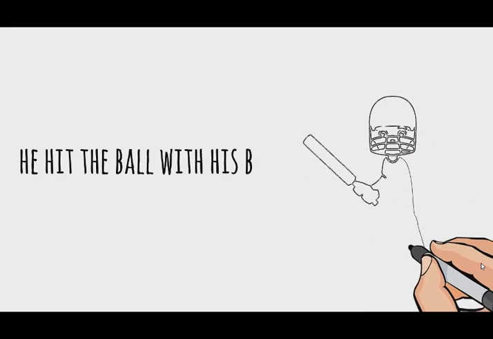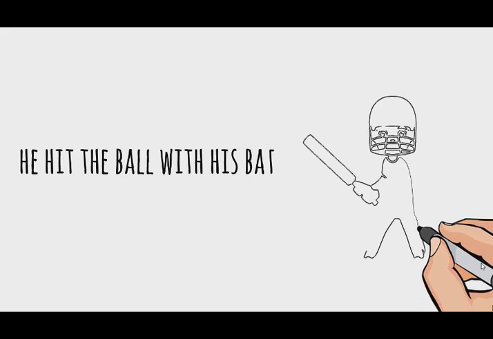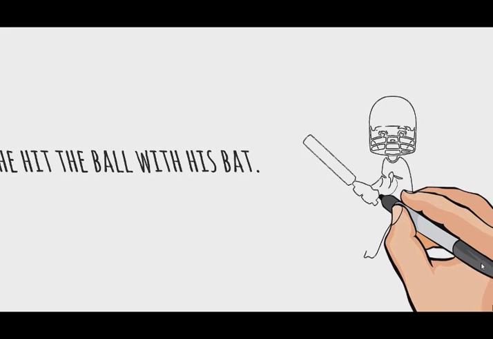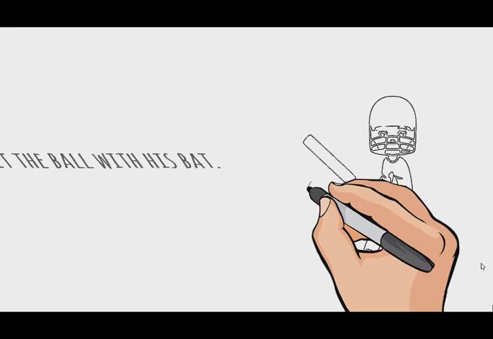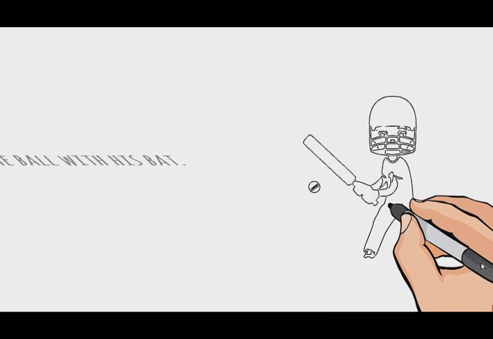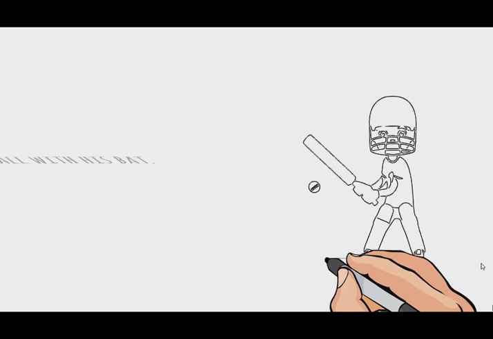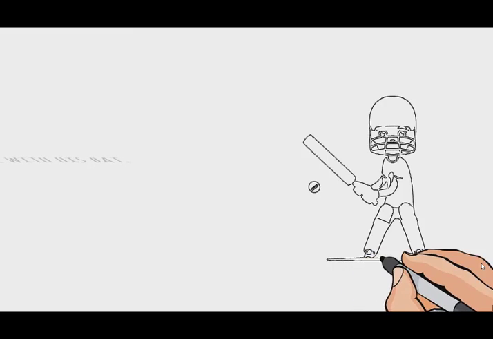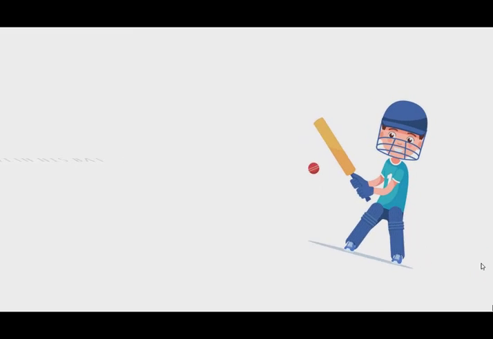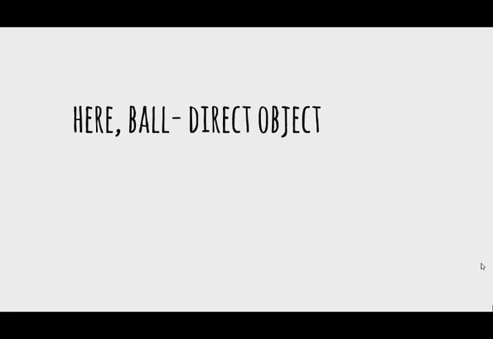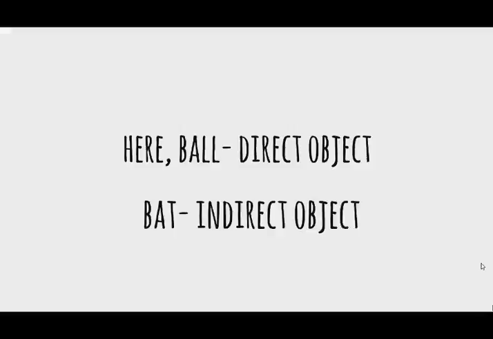Now the boy uses the bat to hit the ball, so indirectly something else is also affected. So the ball as usual is the direct object, but the new object that is indirectly influenced or affected, the bat, is the indirect object. So ball is the direct object and the bat is the indirect object.